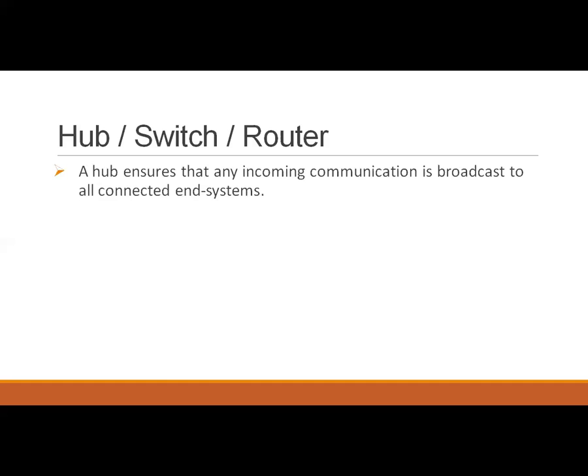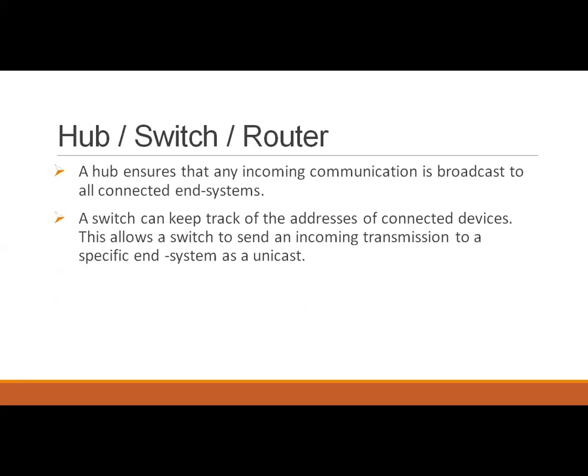So that is causing a lot of unnecessary network traffic, and it is also causing the unnecessary processing power of all the computers to be consumed. A switch, however, is a little bit more intelligent device. A switch can keep track of the addresses, and the incoming transmission is sent only to the intended recipient as a unicast.